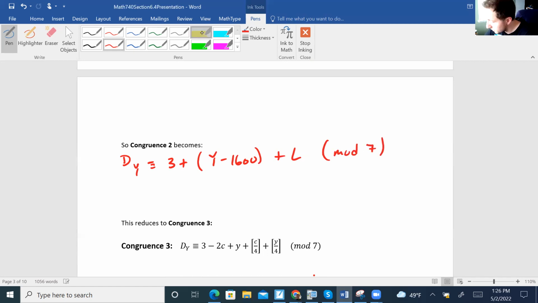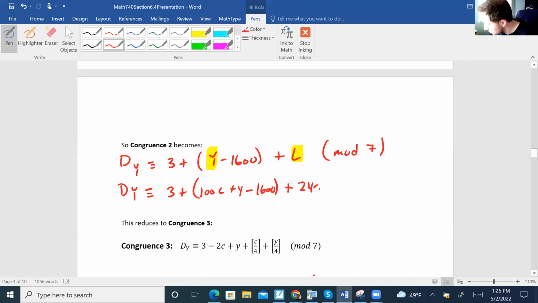So substituting in our expression here for y and for L that we just found, this would be d sub y is congruent to 3 plus 100c plus y minus 1600 plus, grab the expression that we just used, 24c plus y over 4 plus c over 4, minus 388, and we're working mod 7.